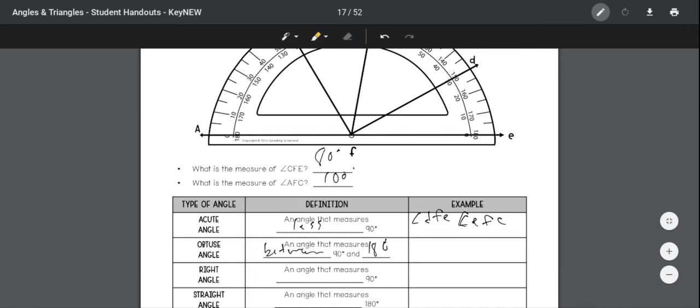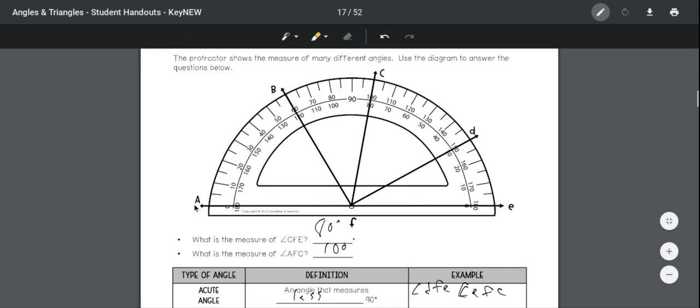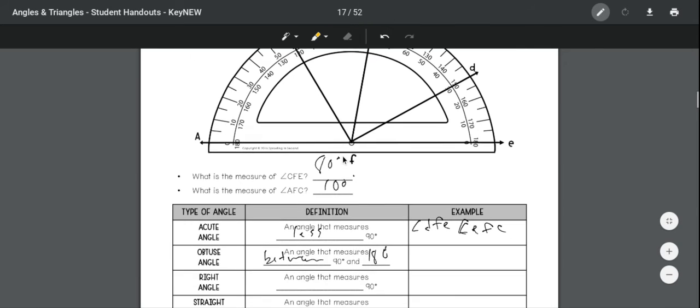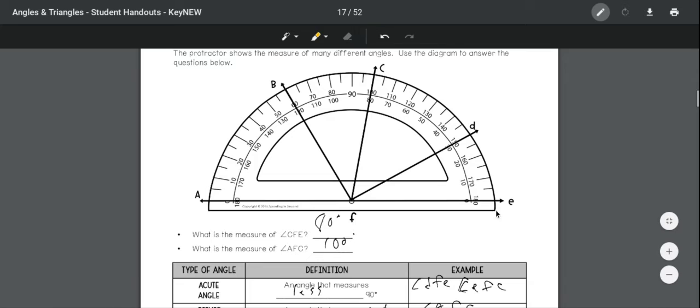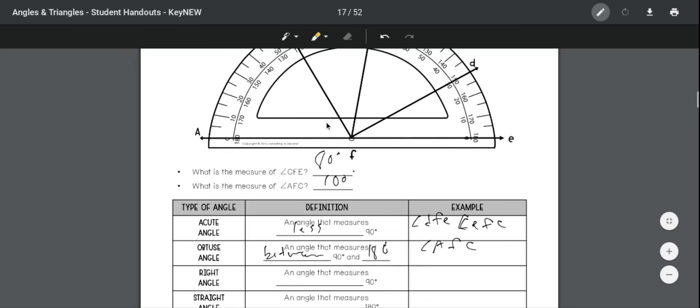So an obtuse angle that you could find here would be AFC, because that's 100 degrees. So we'll write that down, AFC. And EFB. And if you notice, E is the zeros here, so we're going to go all the way over on the under, and it's 120 degrees. So EFB.